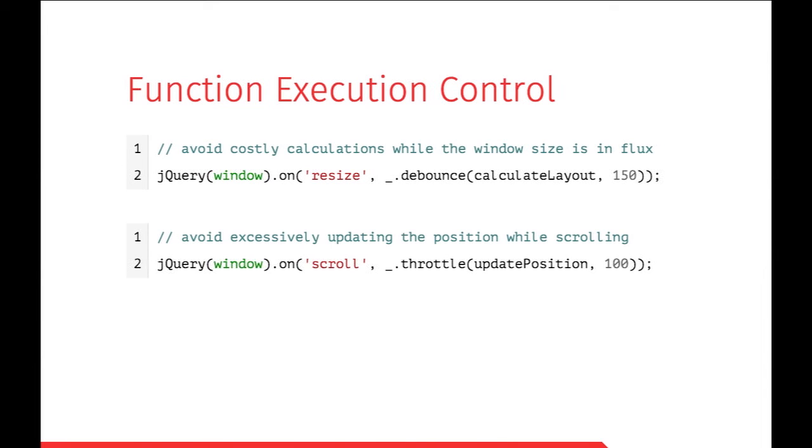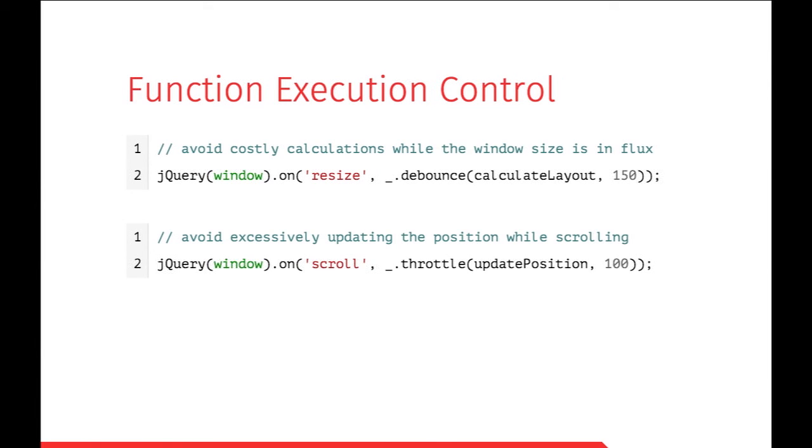It will wait and fire calculate layout only once. And this is a time window within which events should come in. So if they come in later, 200 milliseconds, the calculate layout will fire.